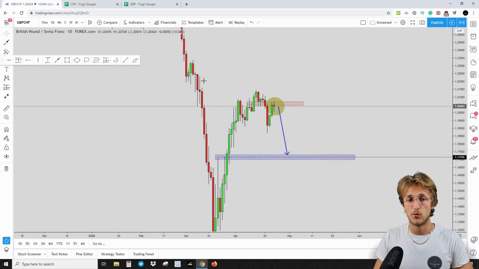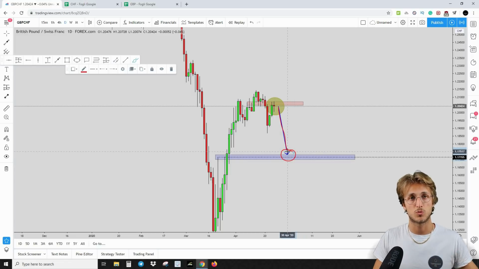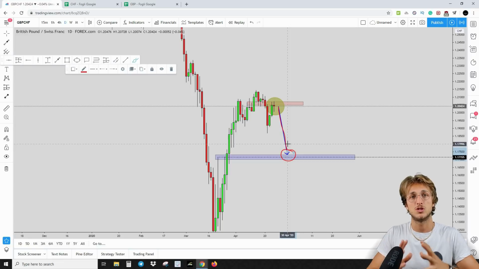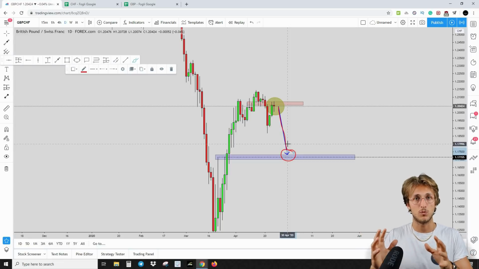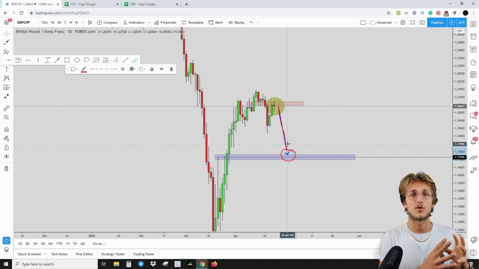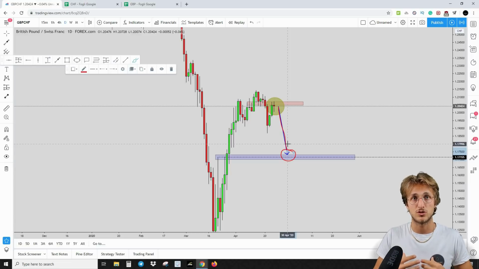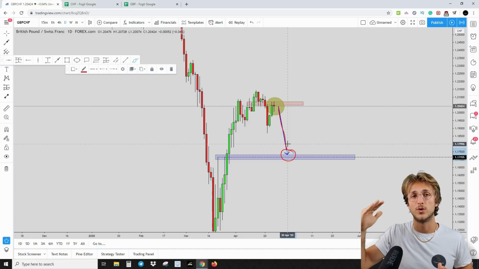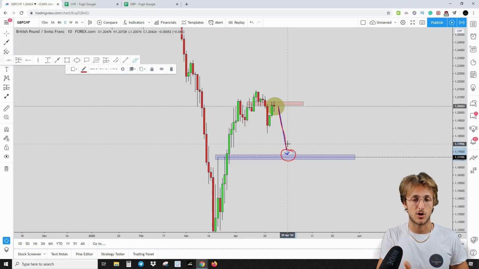So with a very good risk to reward and very good probabilities for the move to the downside, because we have taken our direction using all confluence factors from the monthly, weekly, and daily time frames, and then waited for one of our 4-hour entries, which are high probability entries that give us the best risk to reward in the market, with a protected stop loss and take profit taken from higher time frames.